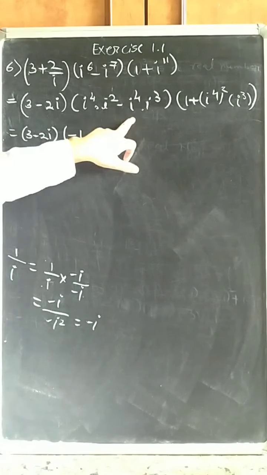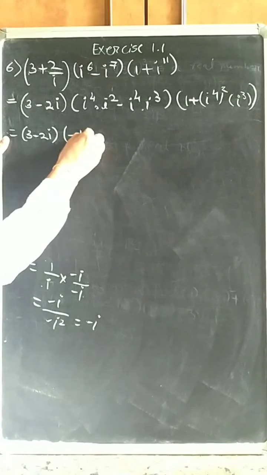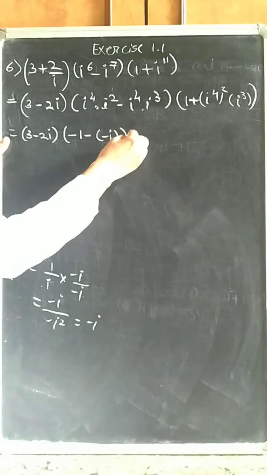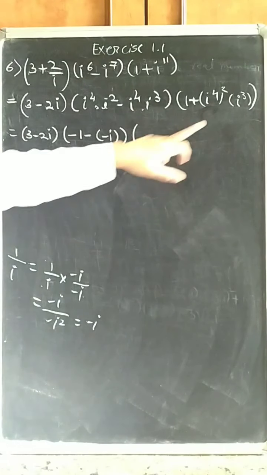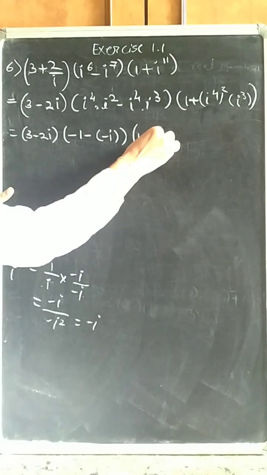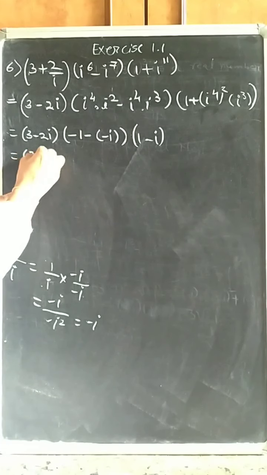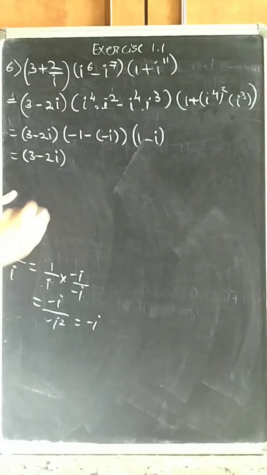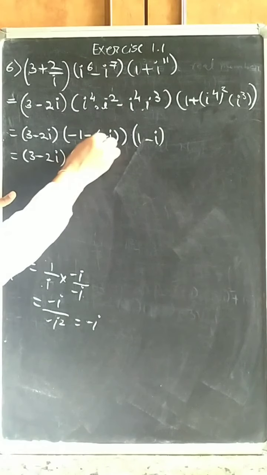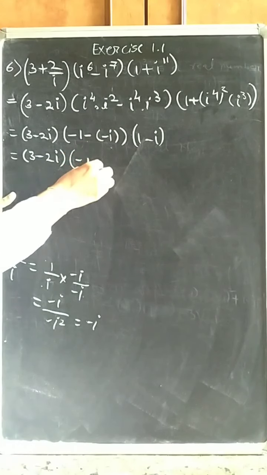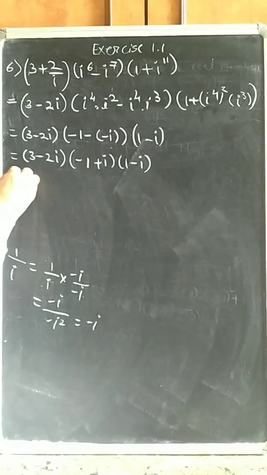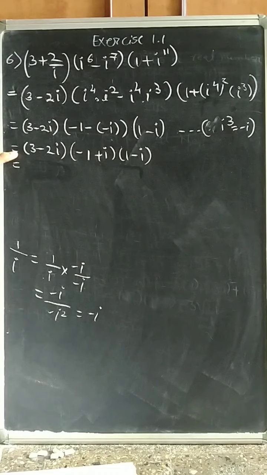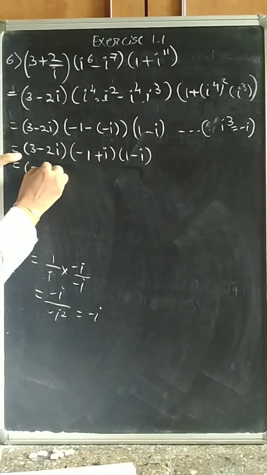Here i raised to 4 is 1 and i cube is minus i, so minus of minus i. And i raised to 4 is 1 and i cube is minus i. So 1 minus i. This is 3 minus 2i into minus 1, minus 1 into minus i is plus i. And here 1 minus i. Now next step, 3 minus 2i is as it is.